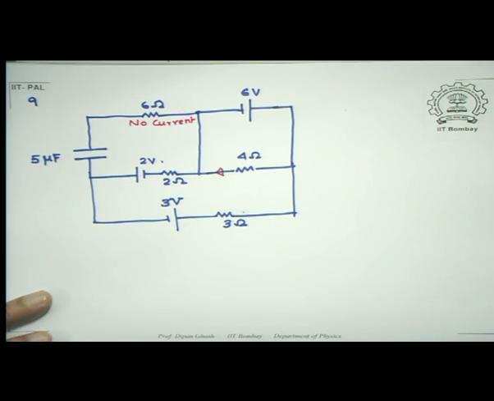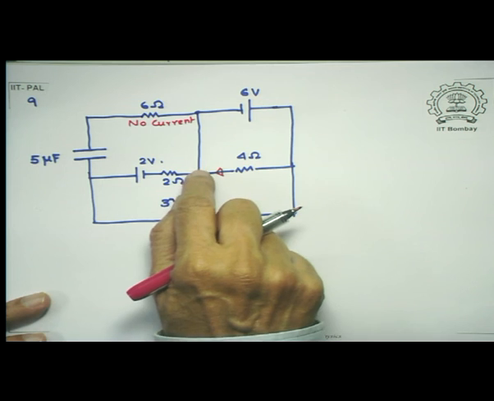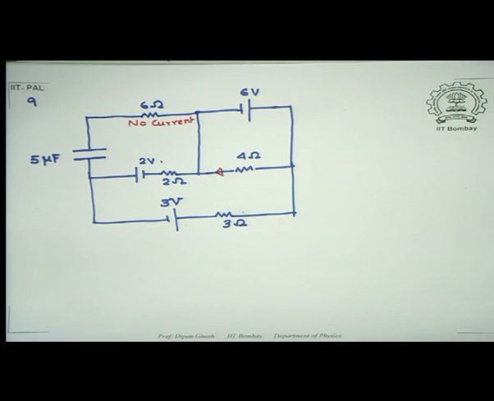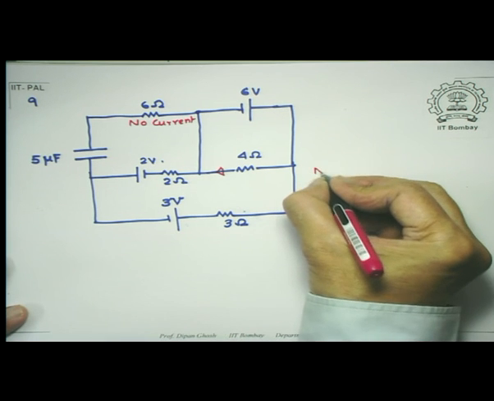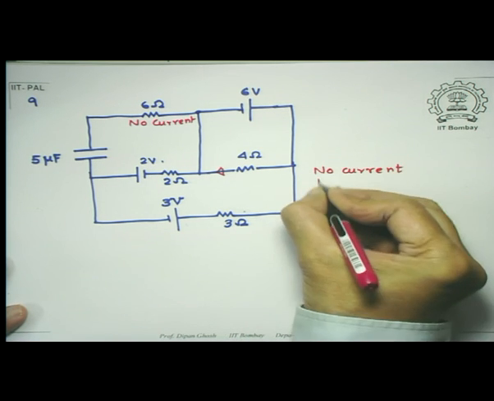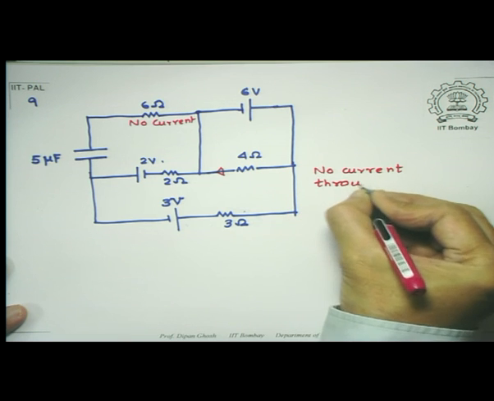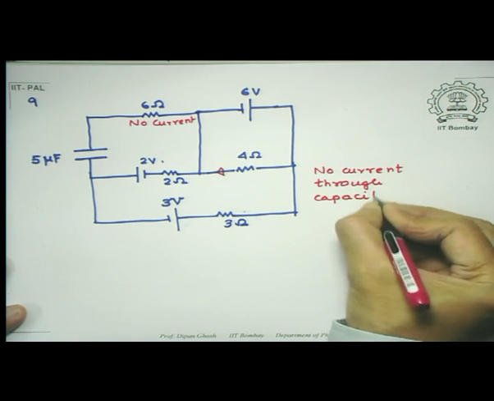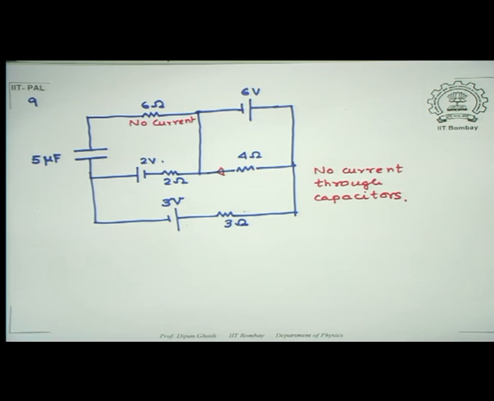So therefore there is no path. But current can be there in this because there is another loop of which it is a part. So first let us write down no current through capacitor. After transients have died out, there is no current in a DC capacitor situation.